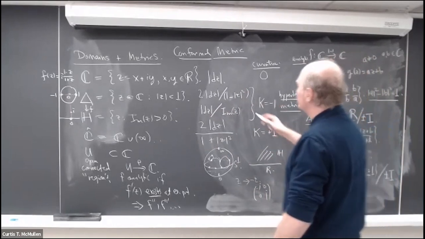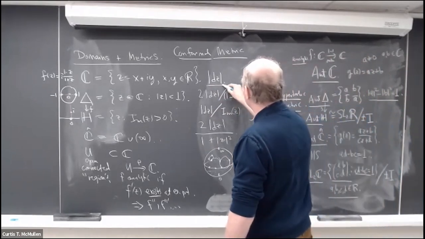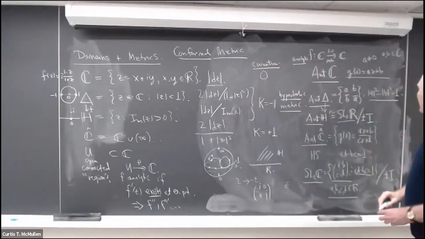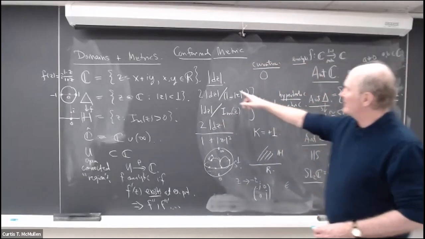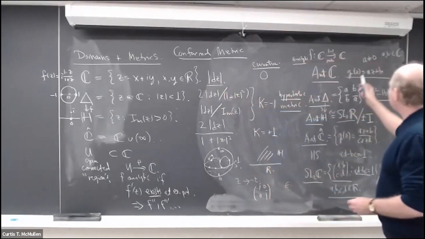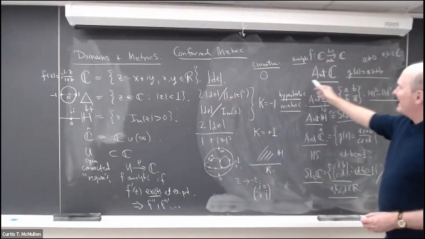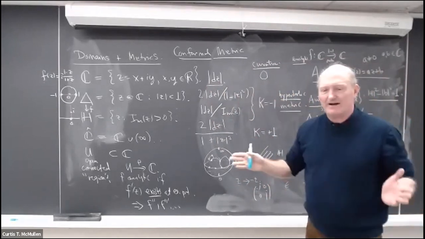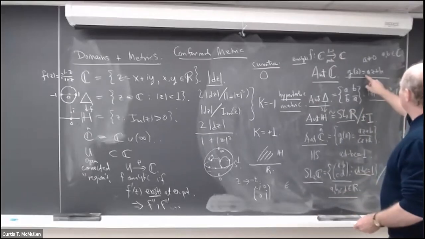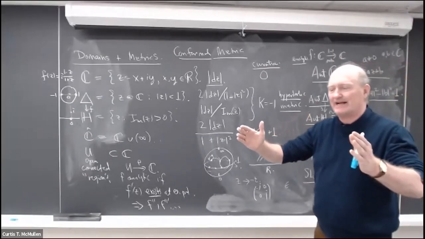On the other hand, let's look at this metric here, dz on the plane. So which of these automorphisms preserve the metric dz? Does every map of the form az plus b act isometrically on the complex plane? You need a to have absolute value 1. Right, that's right. So of course, z goes to 2z doesn't come close to acting isometrically.